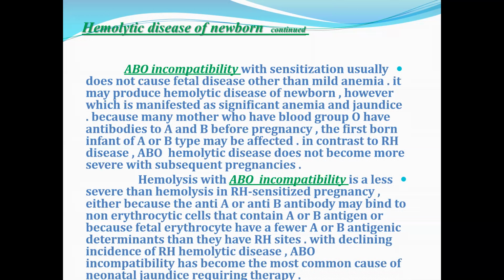Of course, this is in contrast to RH negative disease. Hemolysis with ABO incompatibility is less severe than hemolysis in an RH sensitized pregnancy. Why? Because the anti-A or anti-B antibody may bind to non-erythrocytic cells that contain A or B antigen, so this has a dilution effect on the number of antibodies.